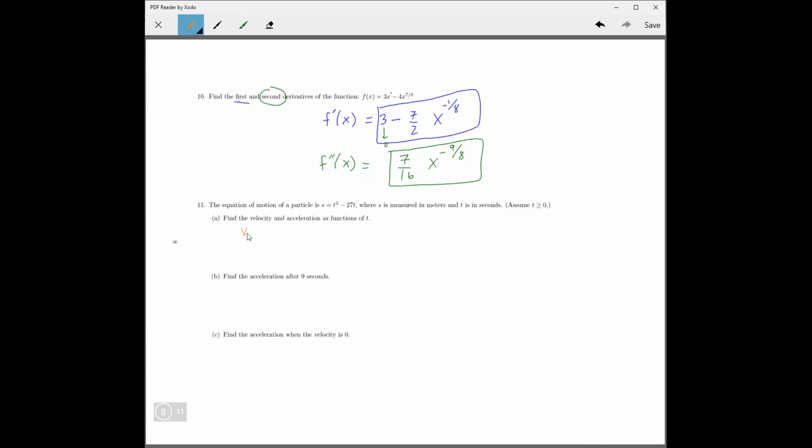So the velocity is equal to the derivative of the position. So we just have to take the derivative of this. Three comes down, 3 minus 1 is 2. For 27t, the derivative is just 27, so minus 27. So 3t squared minus 27.